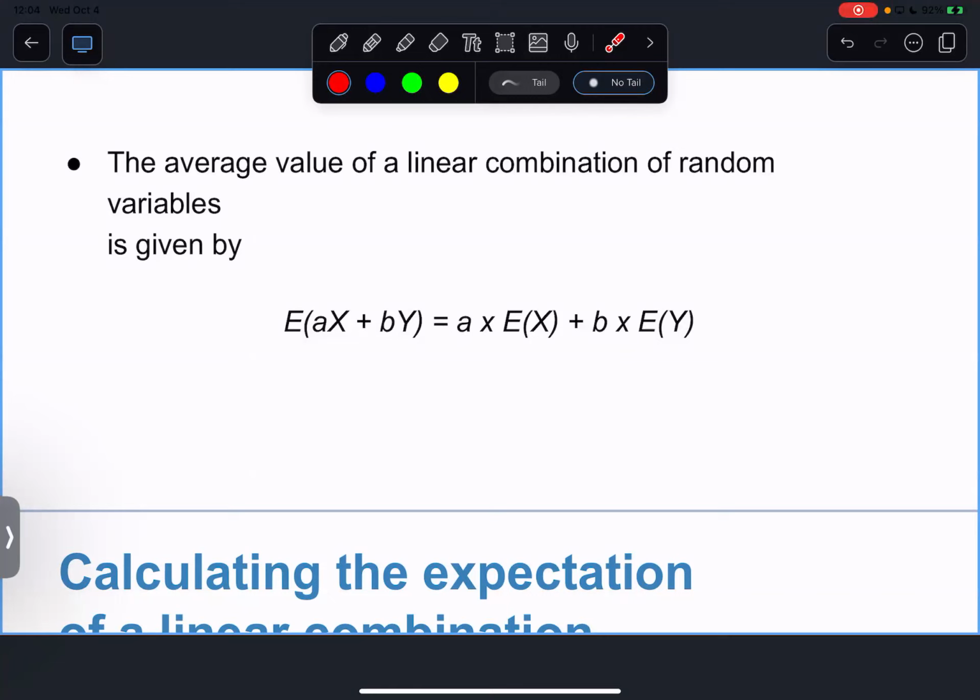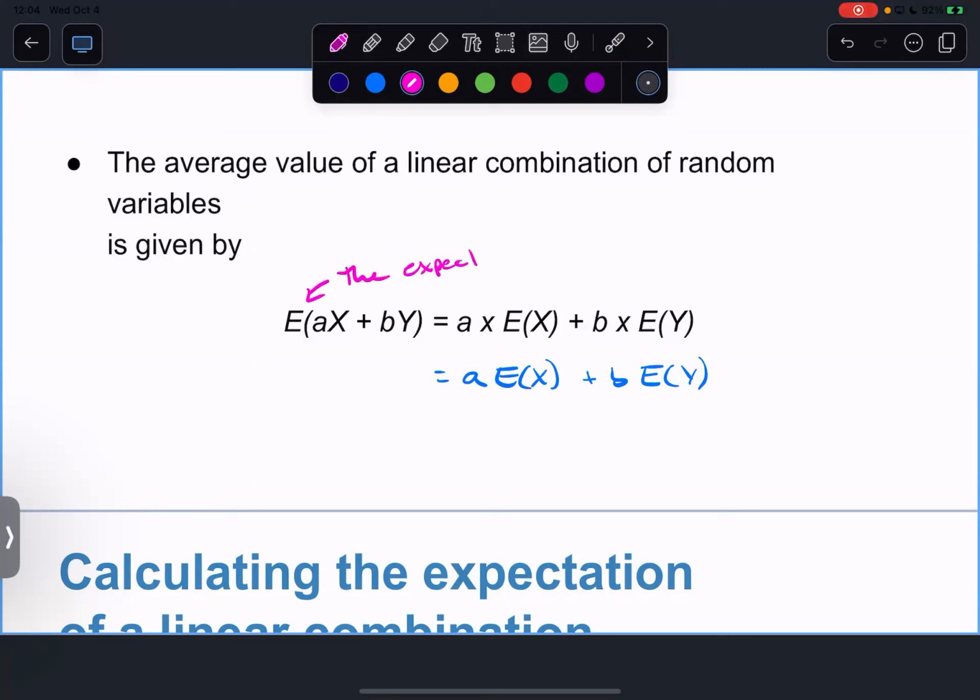So technically you're putting it on the A and the B as well, but they just return themselves. And so it becomes redundant, but this becomes A times the expected value of X plus B times the expected value of Y, right? So here the expectation distributes onto random variables.